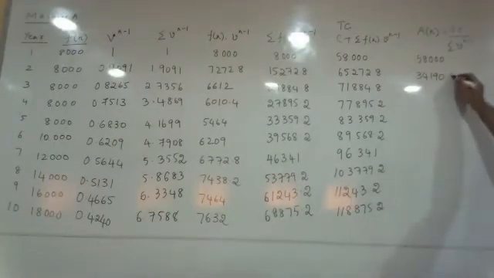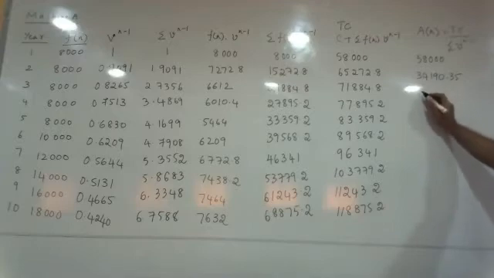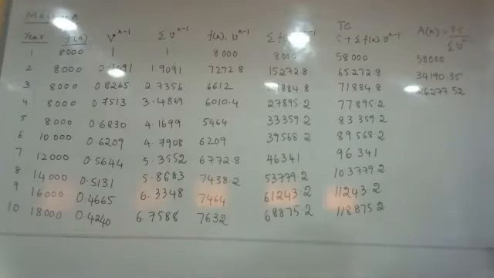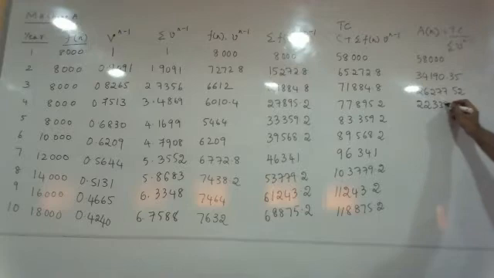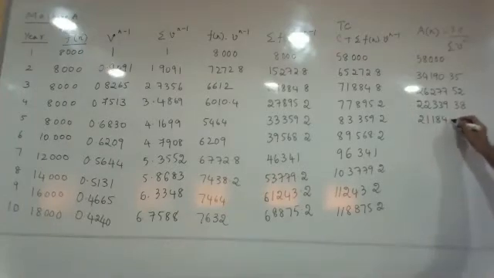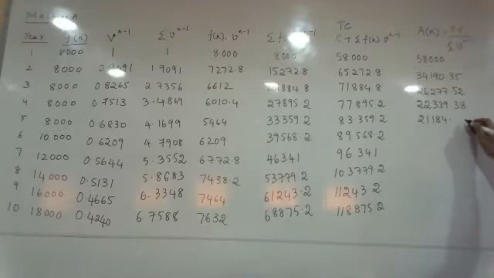Third year. 26,277.52. Next. 22,339.38. Okay. Next. 21,184.81.